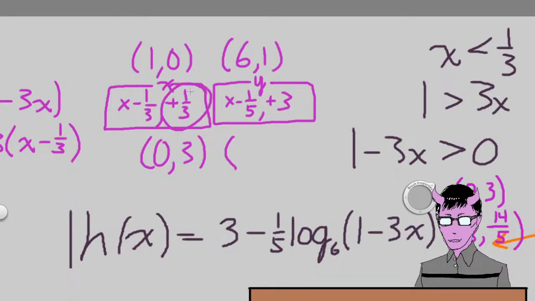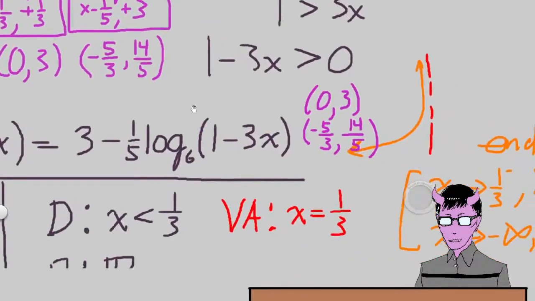And then -2 plus 1/3 is -5/3. Transform the y value using the y map. So times -1/5 and then plus 3 is positive 14 over 5. Yep, good to go.